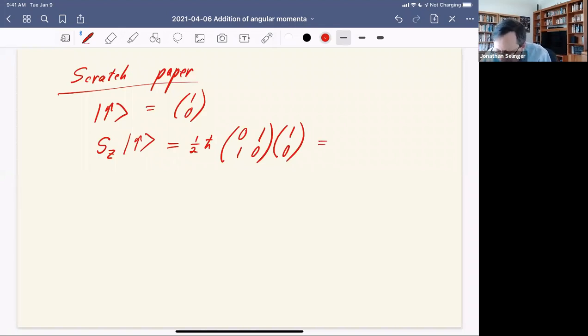Let's do the matrix multiplication. This is 1/2 h bar. On the top, we get 0 times 1 plus 1 times 0, 0. On the bottom, we get 1 times 1 plus 0 times 0. That's 1. So this is 1/2 h bar times the down state.